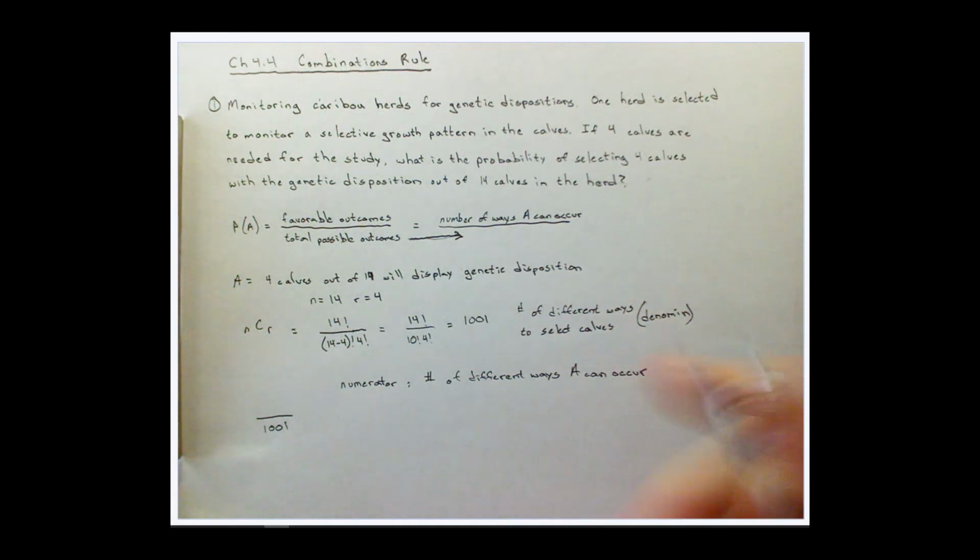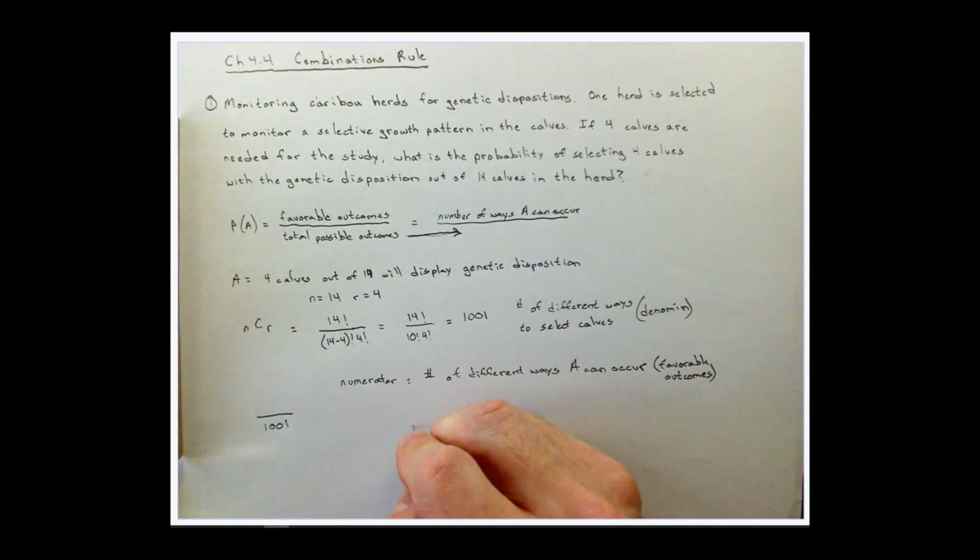And this is the simplicity of it. This is what you would just view as your favorable outcomes. And it is very simple. We actually use the combination rule for it.